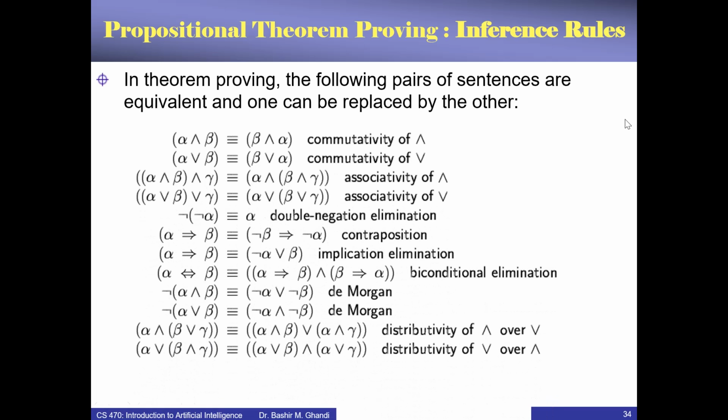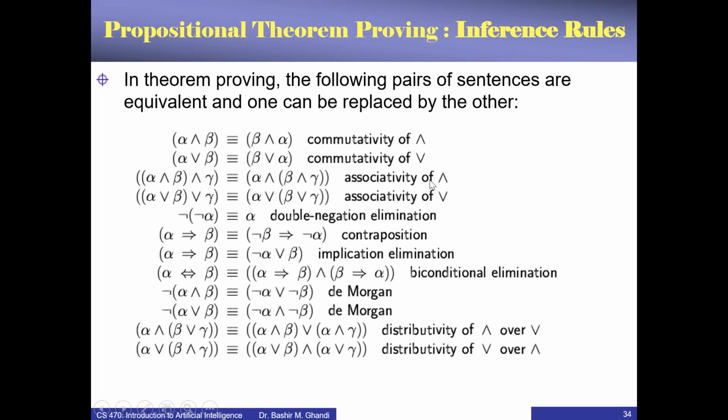I have a whole list of them, and I think most of them are obvious. The first one is saying AND is commutative. Alpha and beta is the same as beta and alpha. Also, OR is commutative. Alpha or beta is the same as beta or alpha.